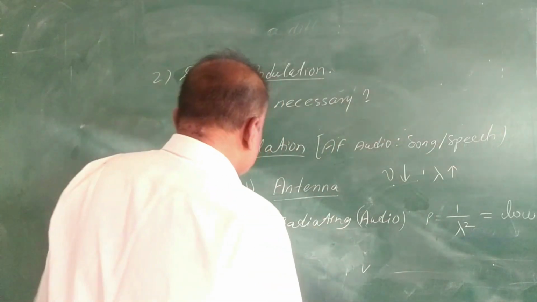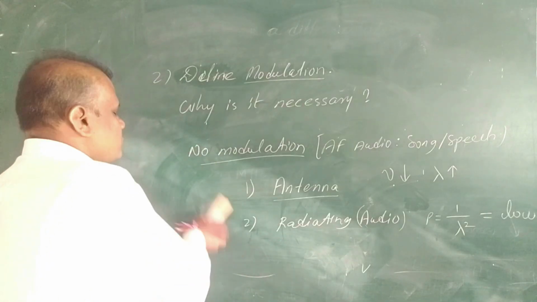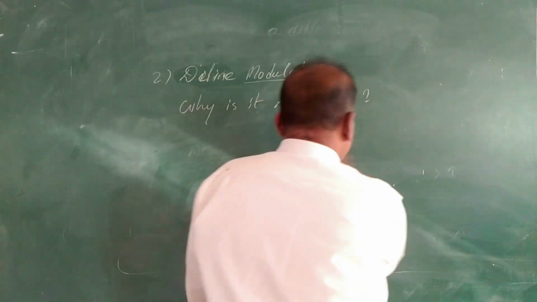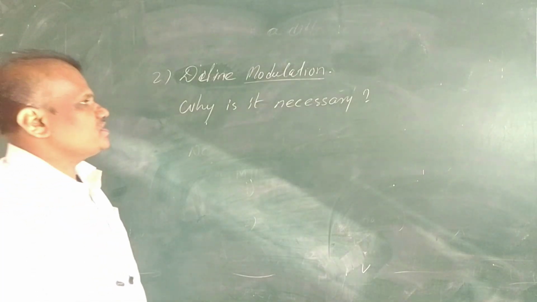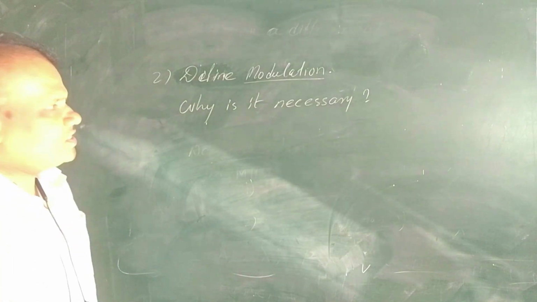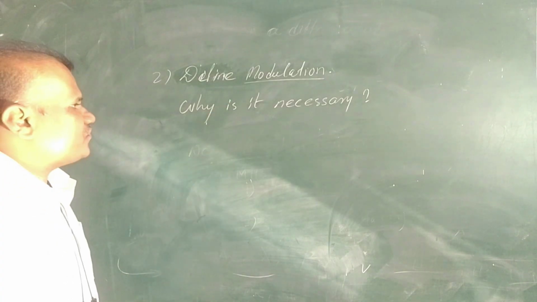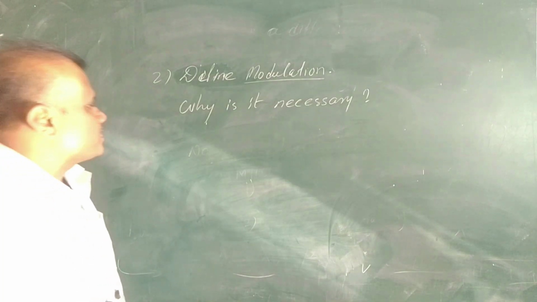Because of these two reasons we take the help of modulation. Modulation is a process of changing any one of the characteristics of a carrier wave, that may be amplitude, frequency or phase, with respect to the audio signal voltage. The need of modulation is the height of the antenna.